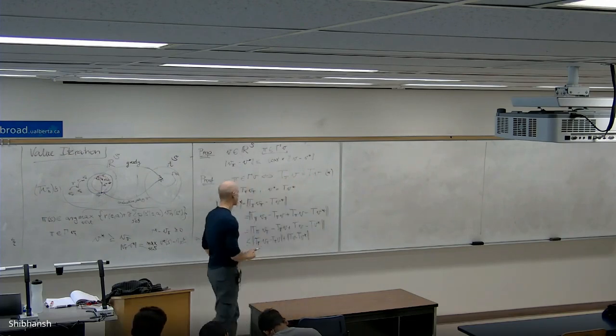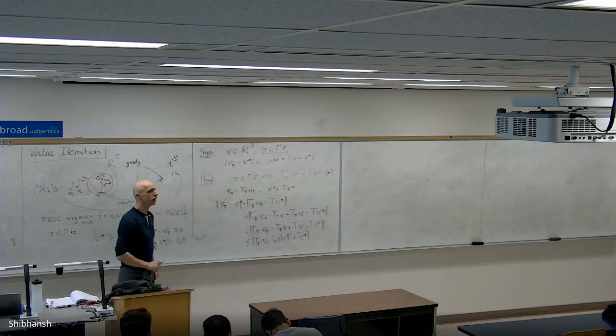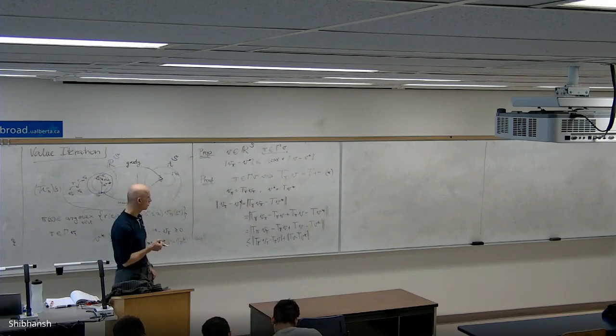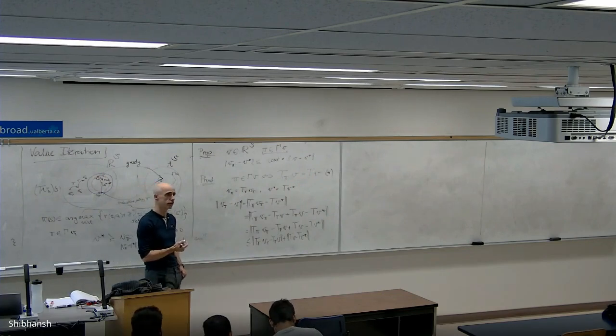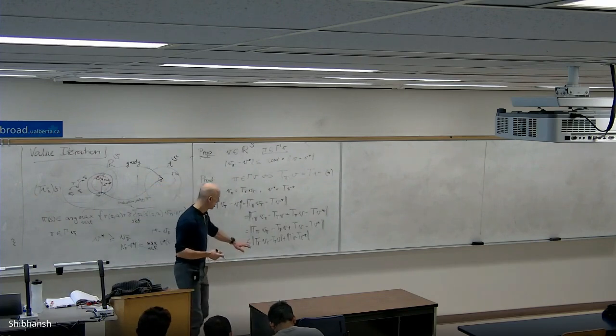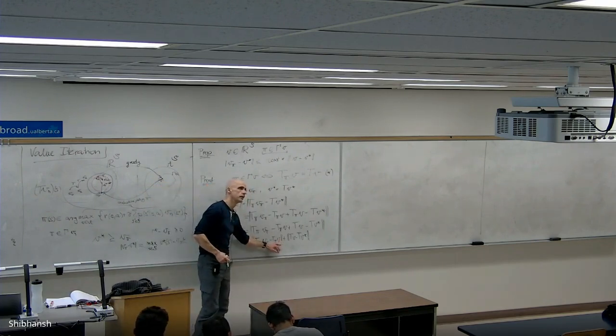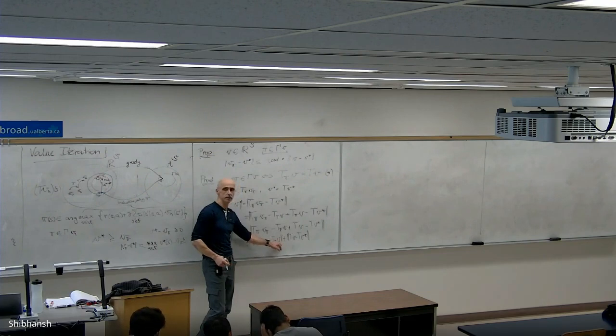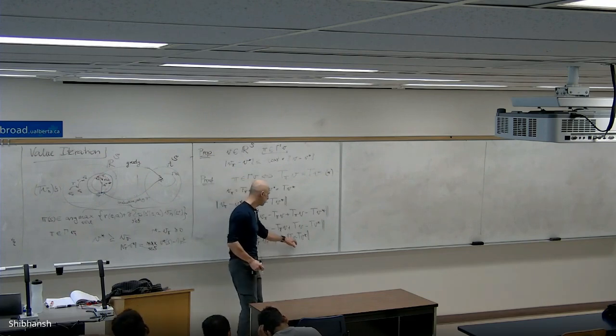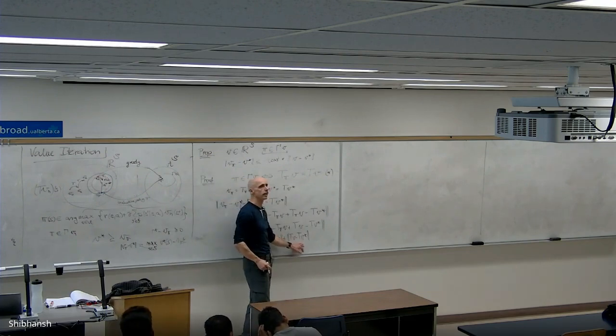Finally, use that this is the maximum norm, and we know that T pi and T are gamma contractions. So therefore, this quantity here is upper bounded by gamma times the distance between V pi and V, and this quantity here is upper bounded by gamma times the distance between V and V star.